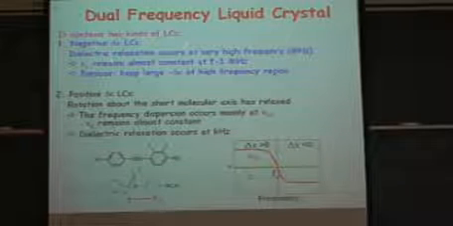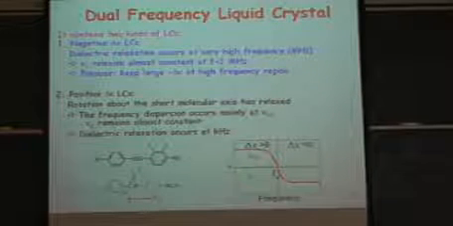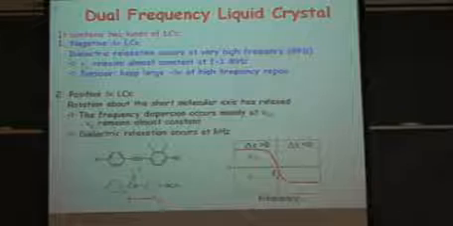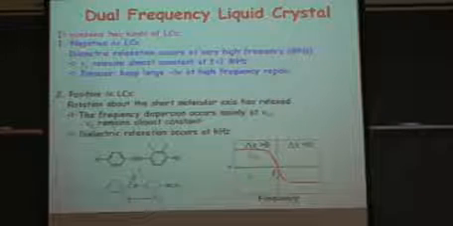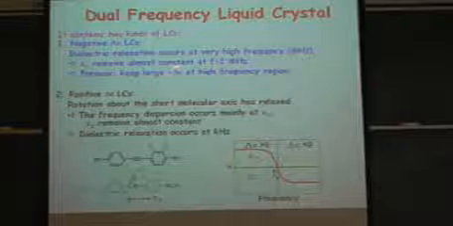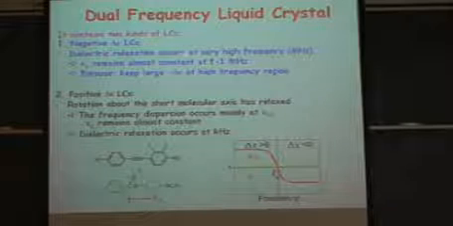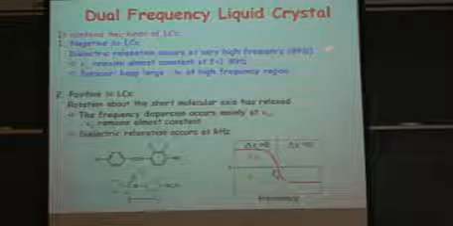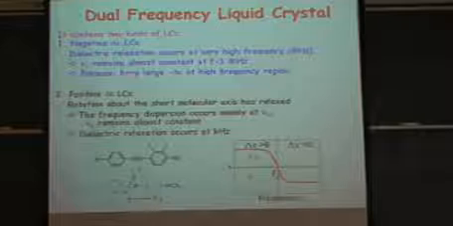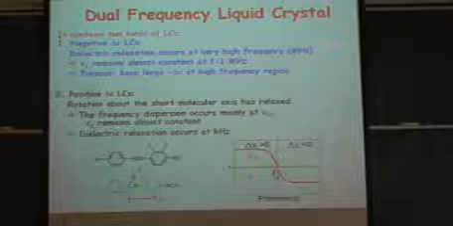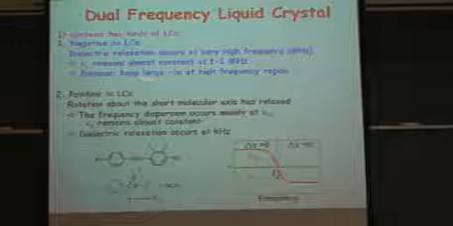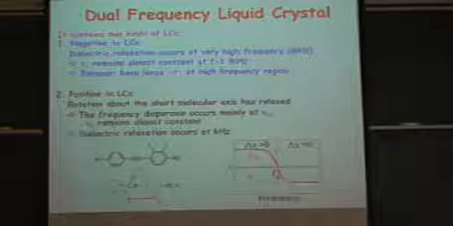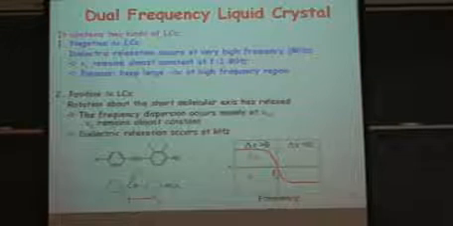From the material side, dual frequency liquid crystal contains two materials. One is negative delta epsilon LC. The negative delta epsilon LC has its dielectric relaxation at very high frequency, so it almost keeps constant at frequencies less than 1 megahertz. In this material, we want to keep a large negative delta epsilon at the high frequency region.